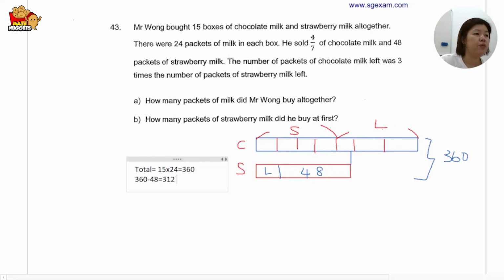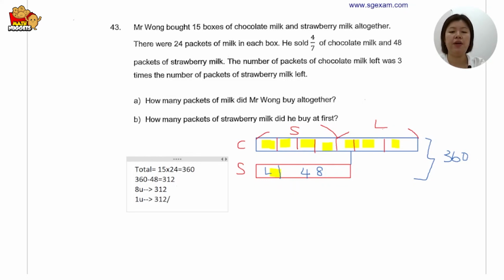It's actually 312 for all these units. 4, 5, 6, 7, 8. Okay. So 8 units is actually 312. 1 unit, 312 divided by 8 equals to 39.